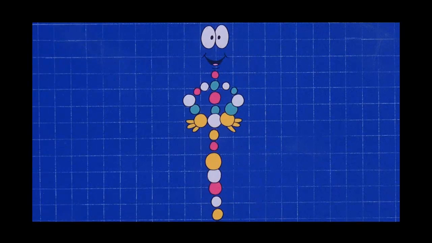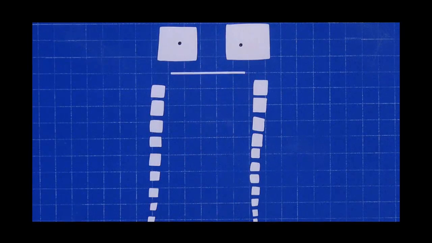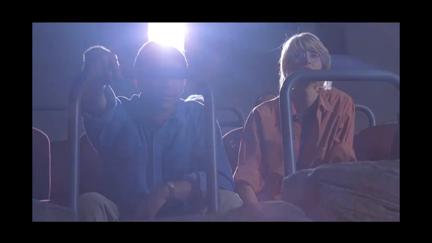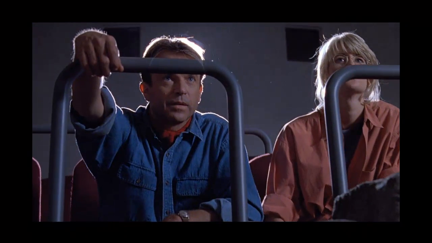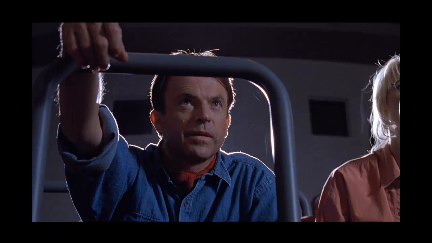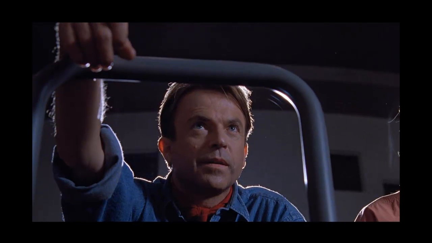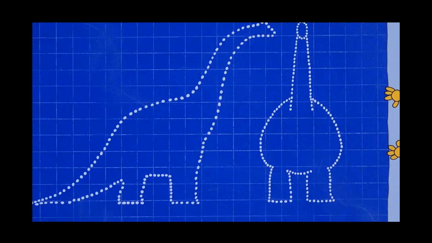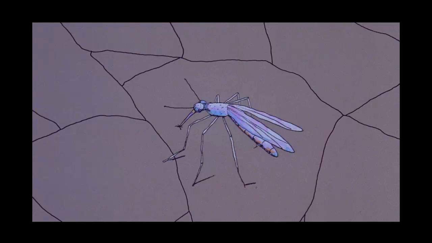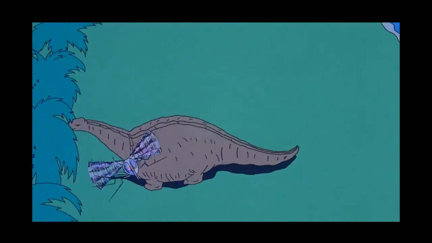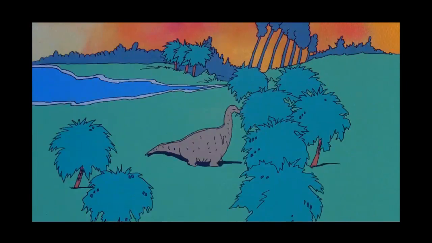A DNA strand, like me, is a blueprint for building a living thing. Sometimes animals that went extinct millions of years ago, like dinosaurs, left their blueprints behind for us to find. 100 million years ago, there were mosquitoes, just like today, and they fed on the blood of animals, even dinosaurs.